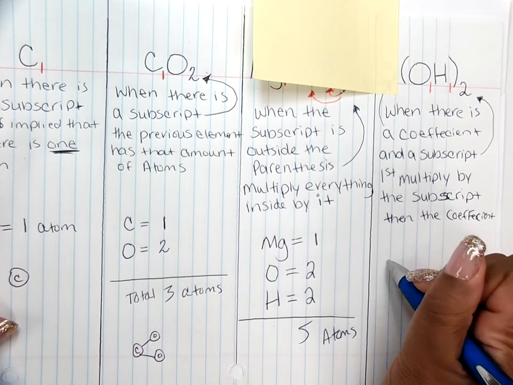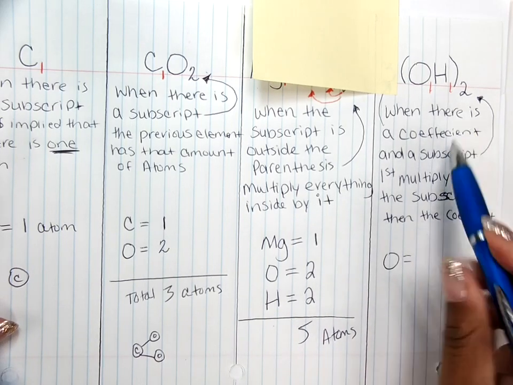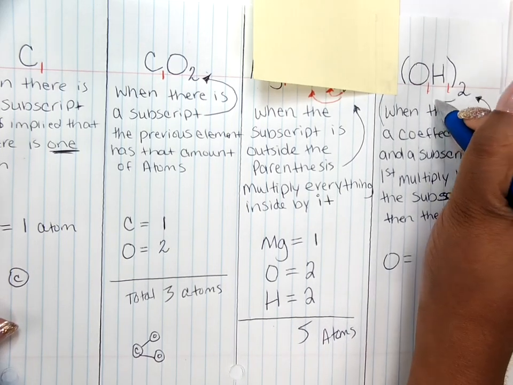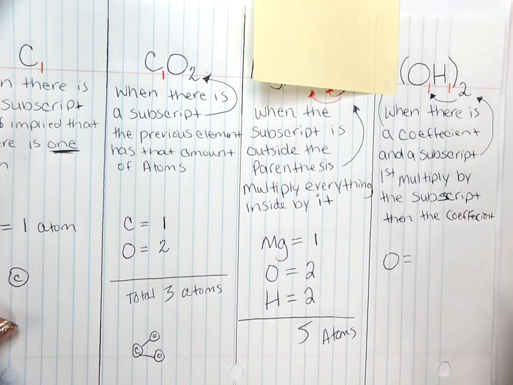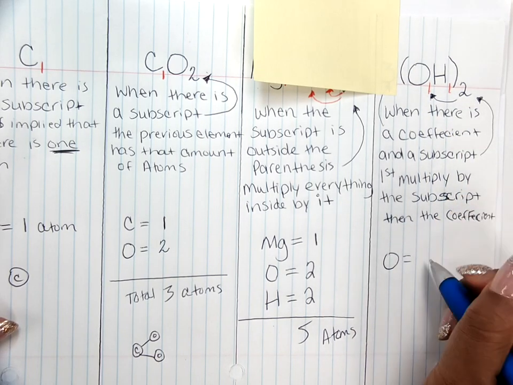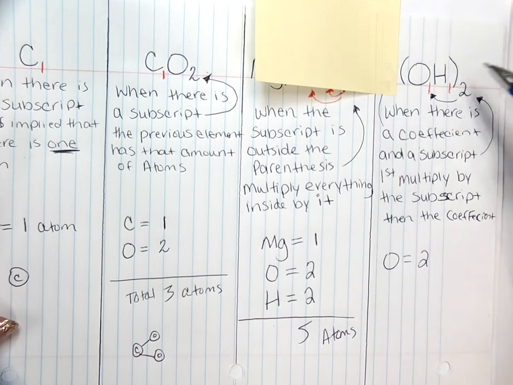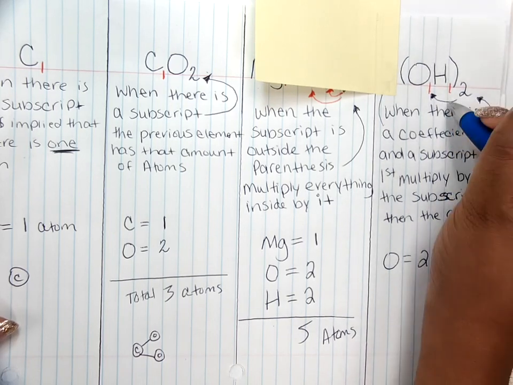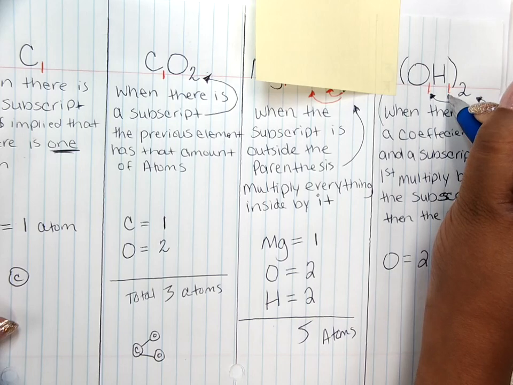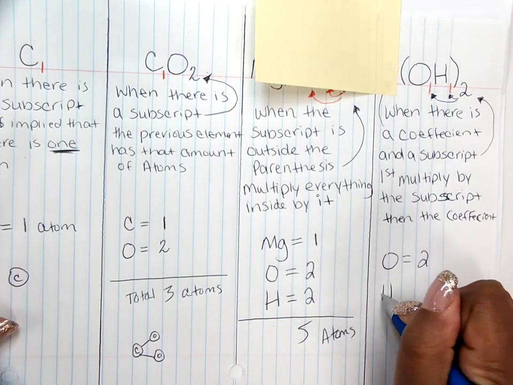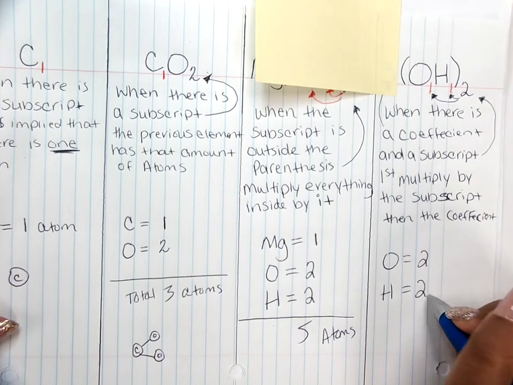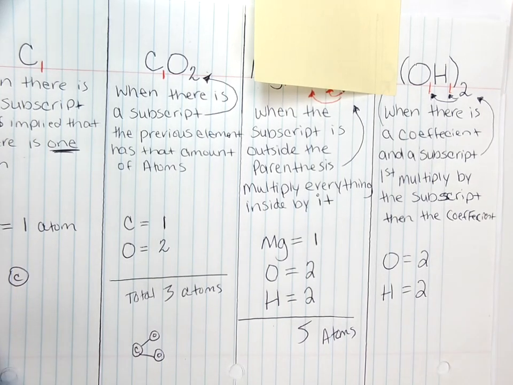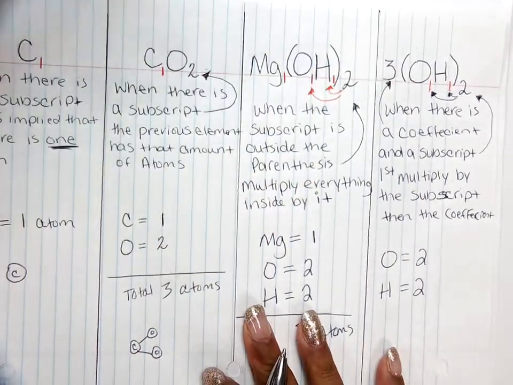For oxygen, there are 2 oxygens. Sorry, y'all, I should have done this in red. For hydrogen, 2 times 1. Remember, you carry it in distributive property. There are 2 hydrogens.